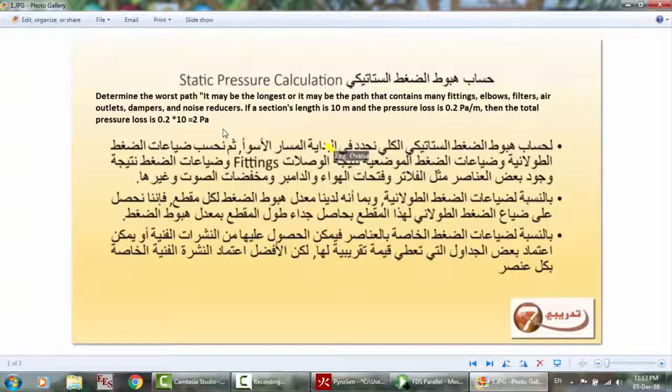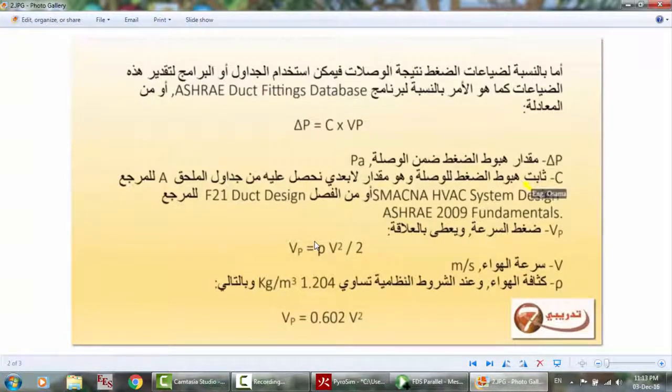This is for the rectangular duct, and for the filters, the other devices, and the noise reducer, you can get it from the catalogs and add them. And for the fittings, actually you have two methods.